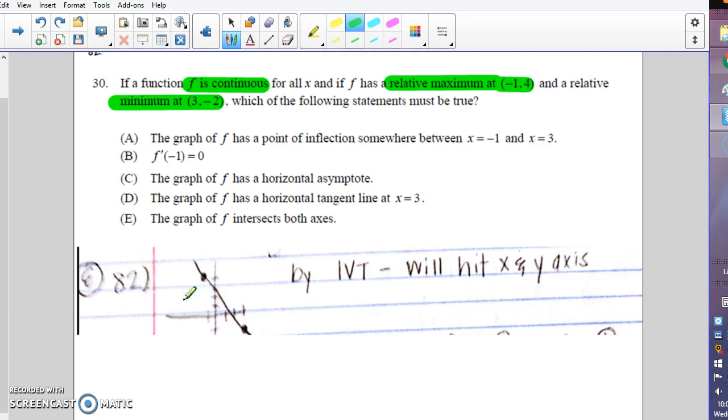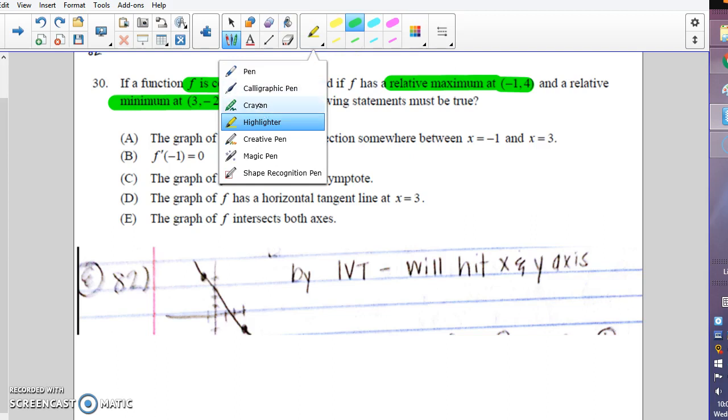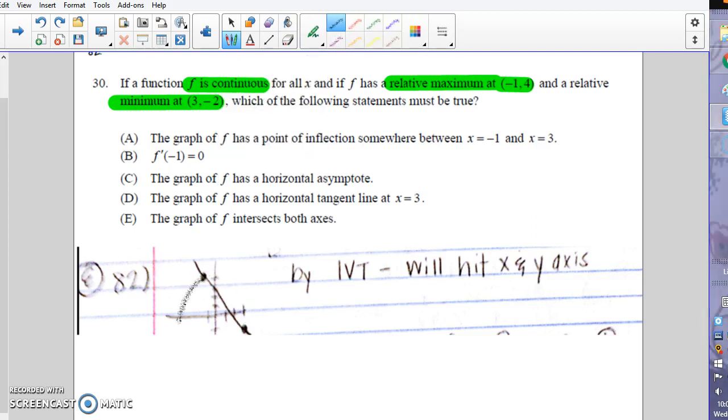There's no indicator to tell you what was going on to the left of -1. If you look at how I drew it, I just made it a linear function. So there's nothing that's going to tell you that you're necessarily looking at a horizontal tangent, a change in direction. Horizontal asymptote, somewhere in between there, there's no guarantee you're going to have a horizontal asymptote. It's not telling you you have a rational function or anything.